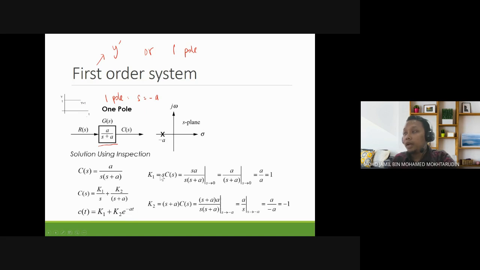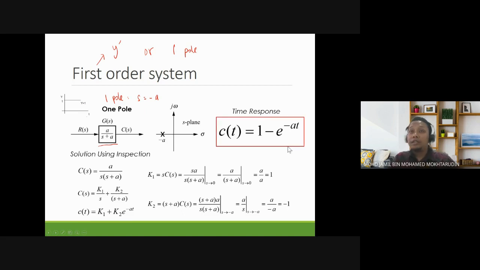You can find K1 and K2 by using partial fraction expansion. So if you have G(s) equals a divided by (s+a), then c(t), the time response, equals 1 minus e to the power of minus at.